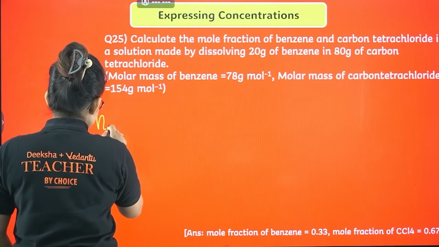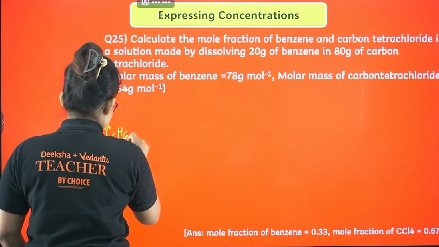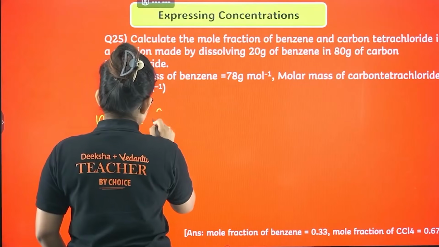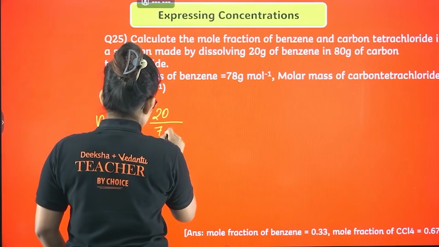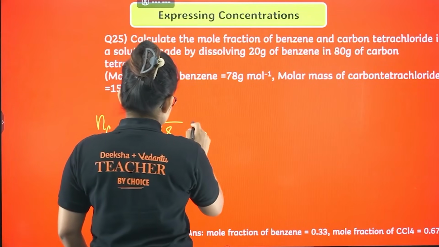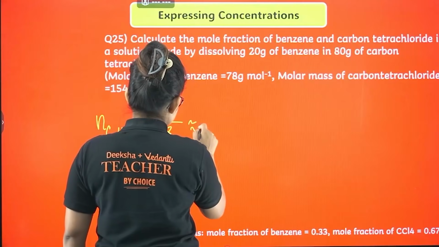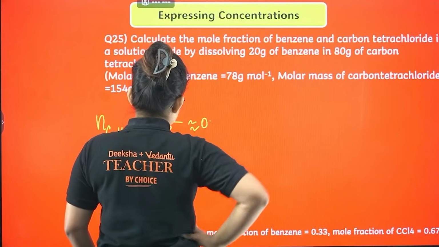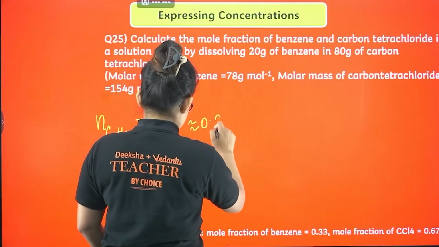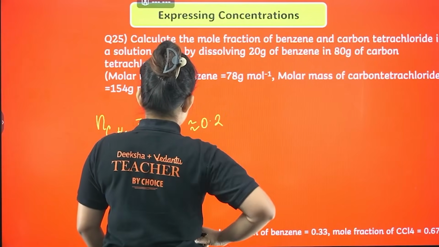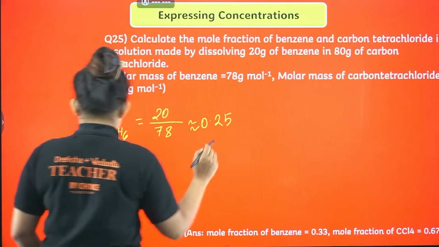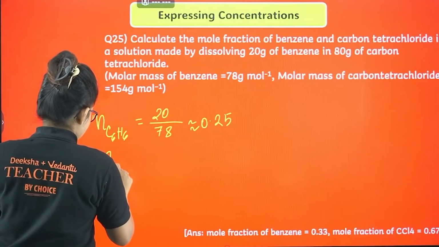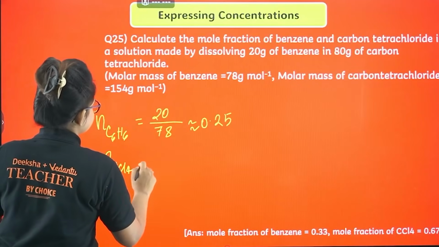Number of moles of C6H6 is going to be 20 divided by 78. So almost it will come up to be something like 0.25, I guess.